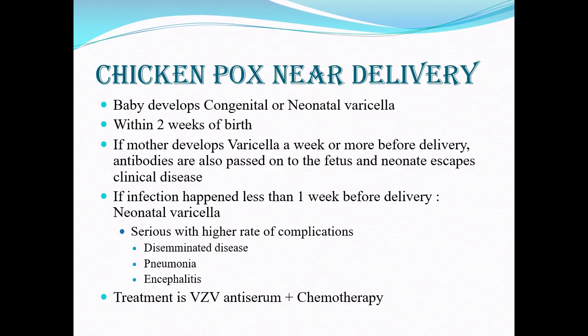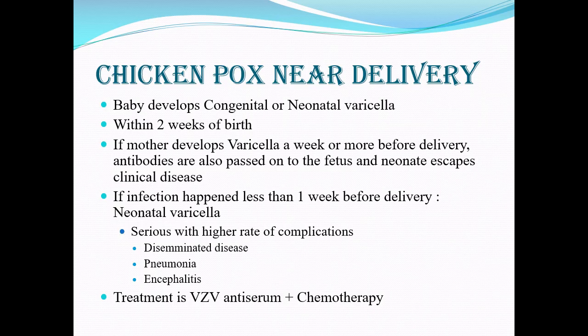If the chickenpox develops towards the delivery time, the baby can develop congenital or neonatal varicella within 2 weeks of birth. If the mother develops infection more than 1 week before delivery, generally the fetus can escape because the antibodies are also passed on to the baby.